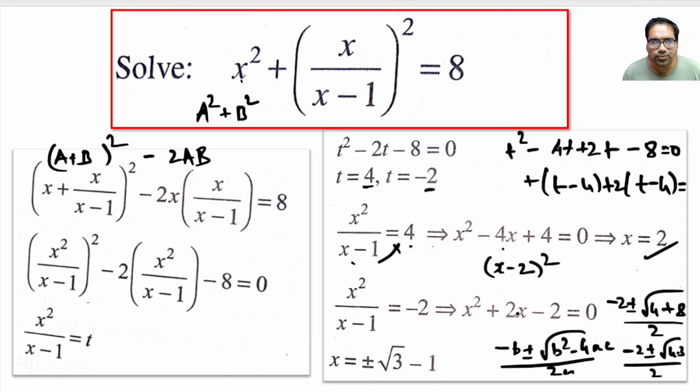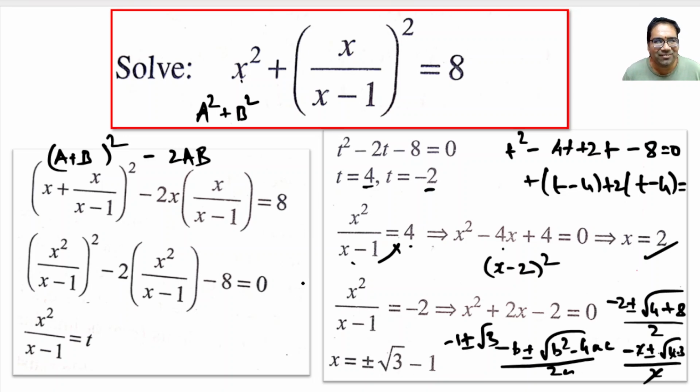Here b is 2, so -b is -2, plus or minus the root of b², which is 4, minus 4ac, which is minus 4 times 1 times -2, that is minus of -8, which is 4 + 8. So -2 ± √12. We can write 12 as 4 times 3. Then 2 can be taken common, and the 2 and 2 will get cancelled. So we'll be left with -1 ± √3.